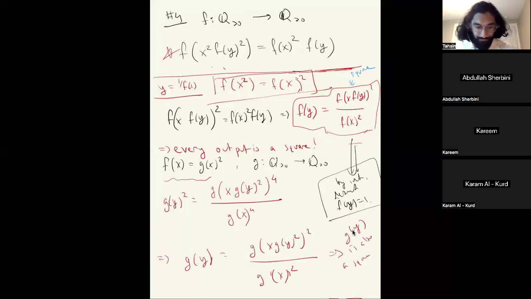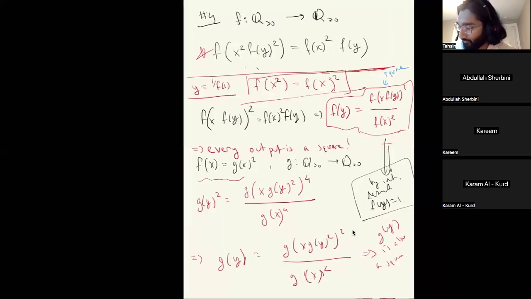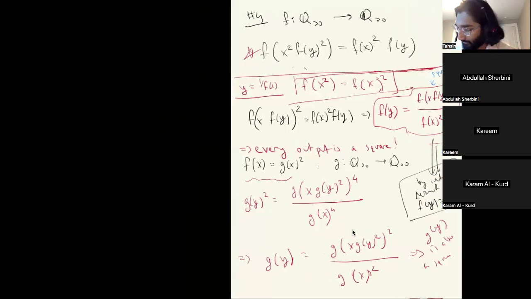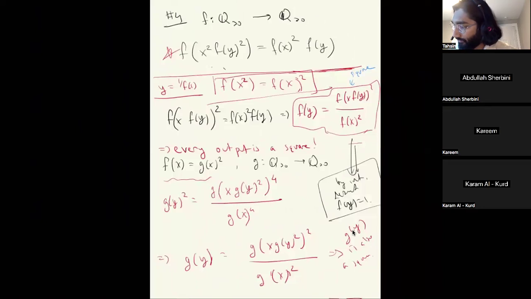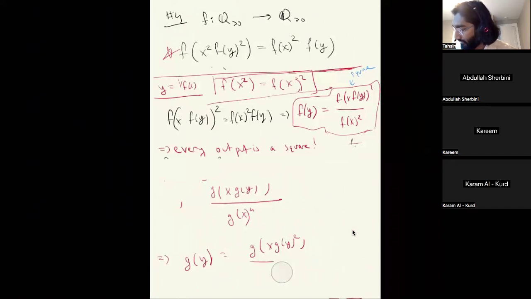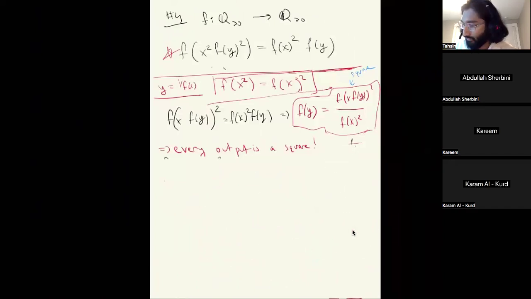Yeah, good. Maybe I'll make just one comment about how you would actually write the solution here. I think the proper way to write the solution is something like: you would prove this claim.